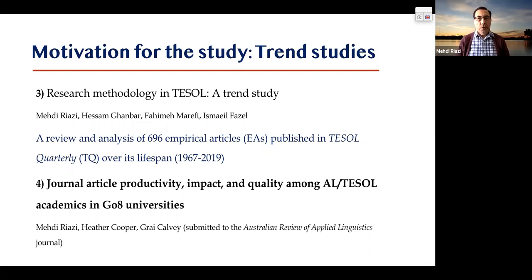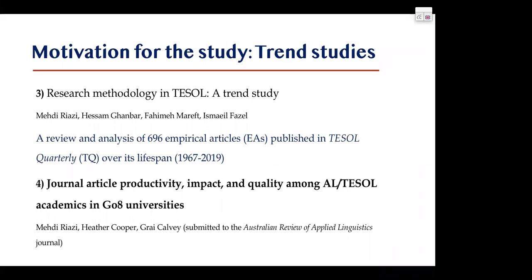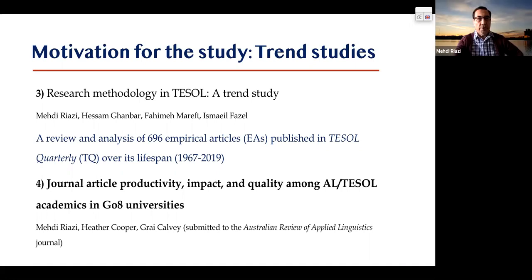The one that I'm going to present today is a little bit different from the previous ones, because the previous ones were mostly related to the analysis of published empirical articles. But this one is related to journal article productivity, impact and quality among applied linguistics and TESOL academics in a group of 8 universities.